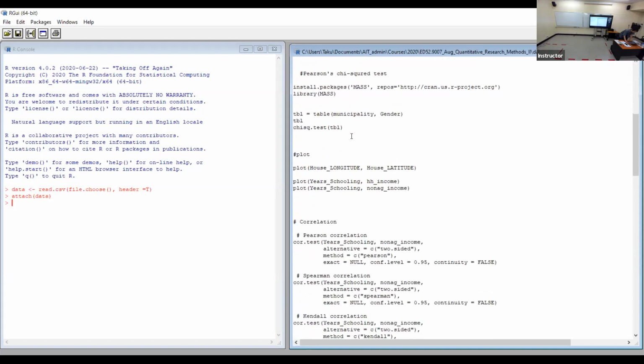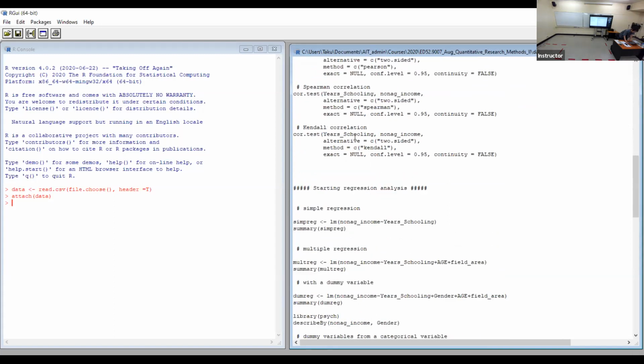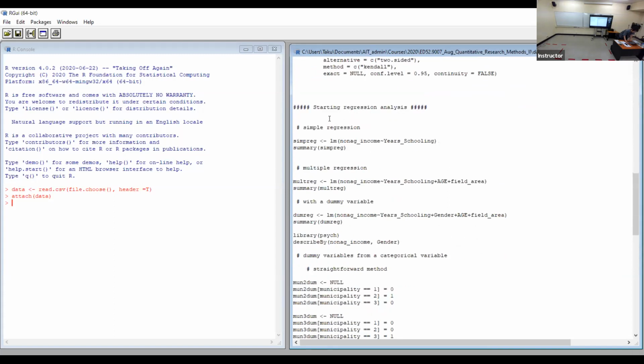So going back down to the simple regression section, you have two lines, right? The first line is to execute the calculation, but it just calculates, it doesn't show the result.